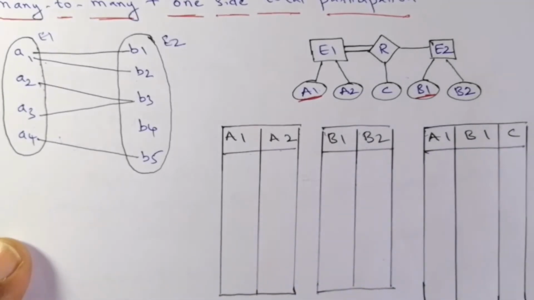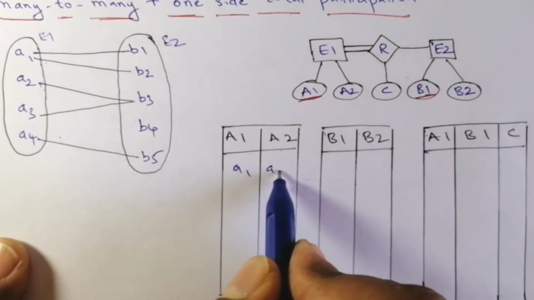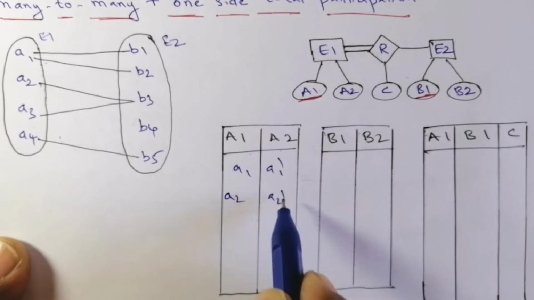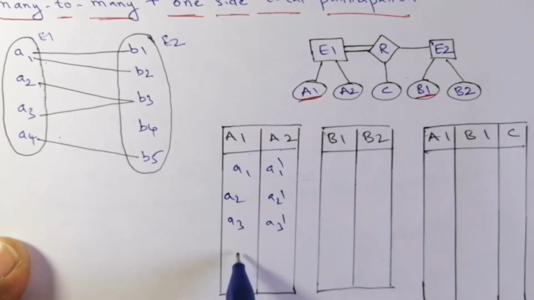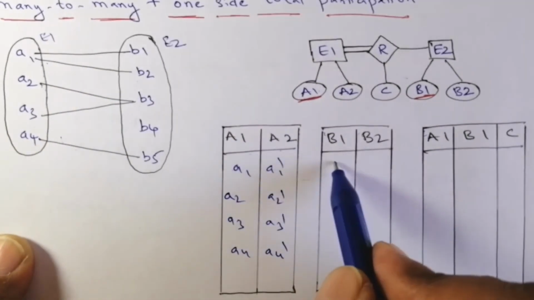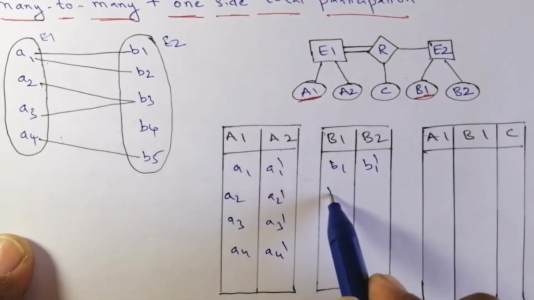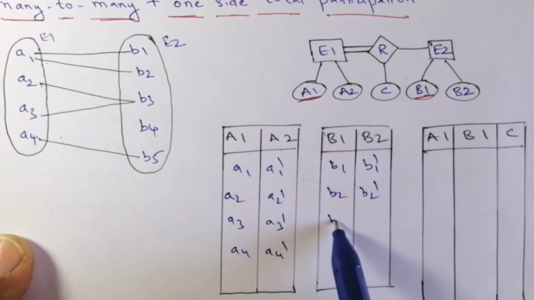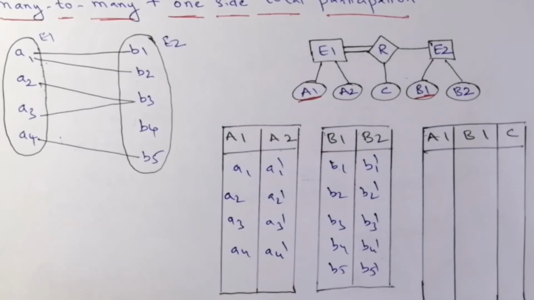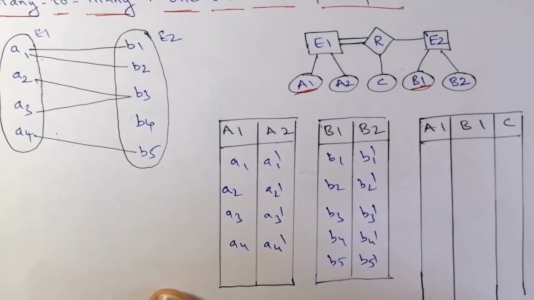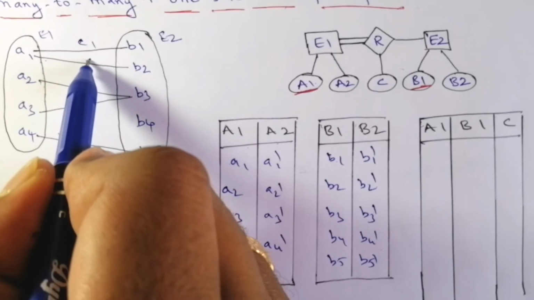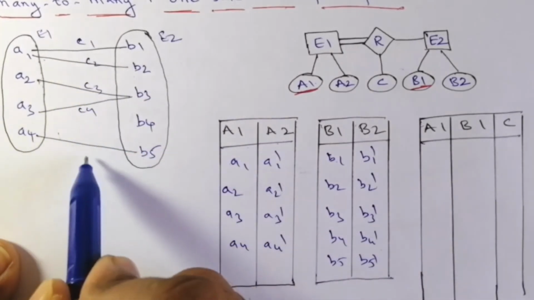If we check for it, a1 a1 dash, a2 a2 dash, a3 a3 dash, and a4 a4 dash, right. And b1 b2, if you take here, b1 b1 dash, b2 b2 dash, b3 b3 dash, b4 b4 dash, and b5 b5 dash, right. If we consider c1 c2 c3 c4 and c5, right.